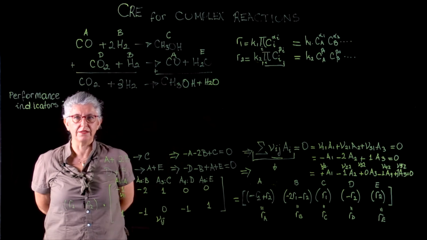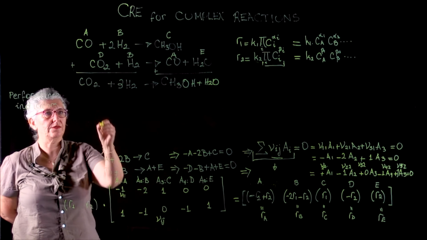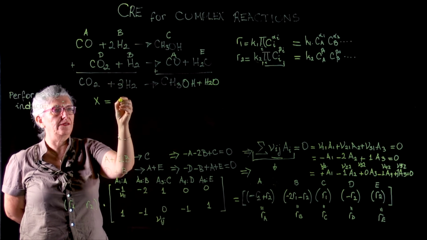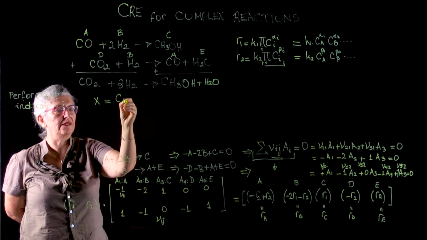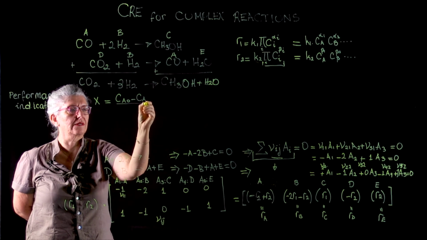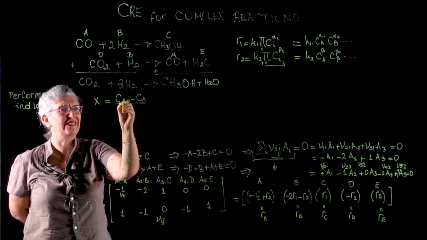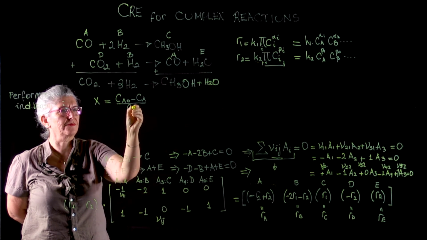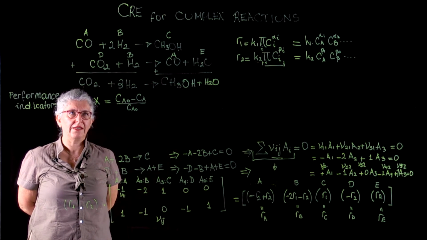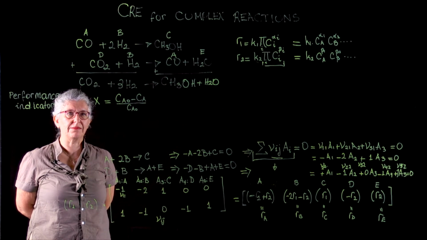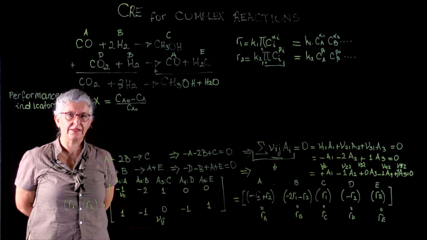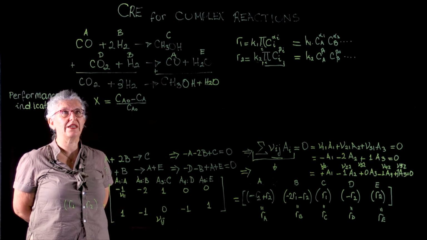The performance indicator of a single reaction was conversion. Conversion is an indicator if we are dealing with a simple system in a single reactor. Still, we can estimate the conversion in a complex reaction system as well, but our indicator is not going to reflect the conversion in each of those reactions.